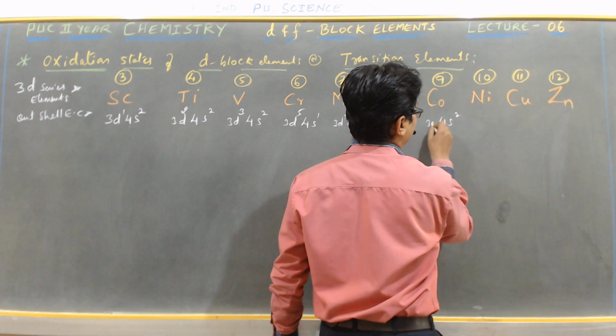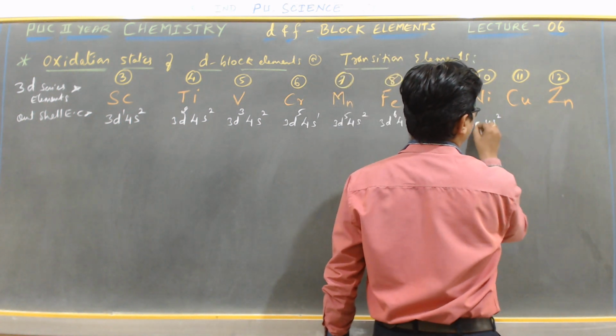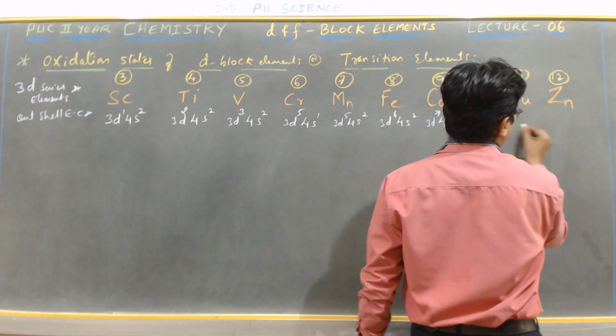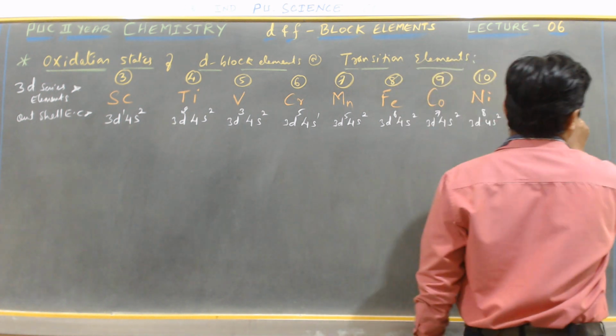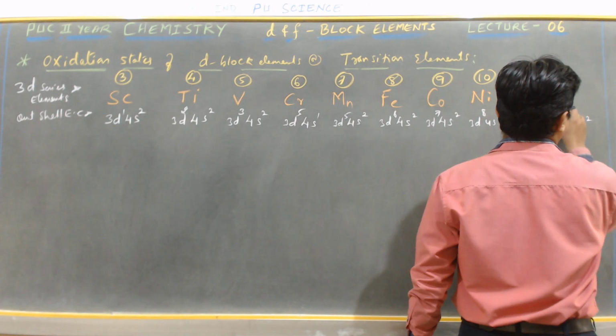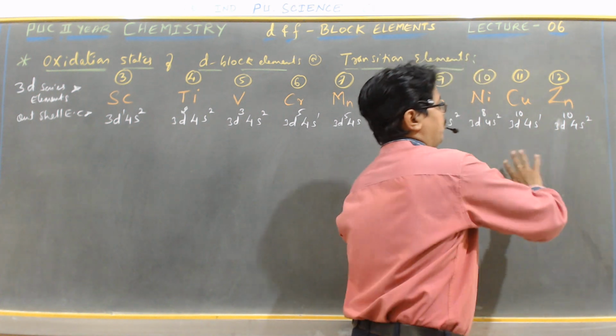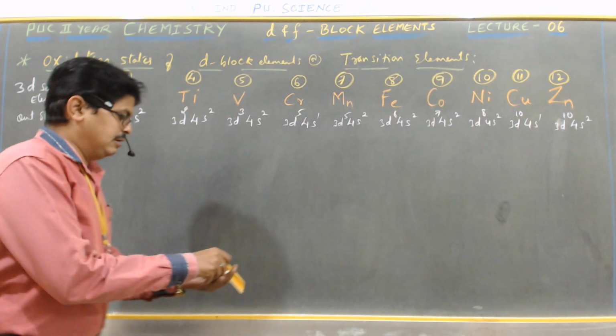Cobalt 4s2, 3d7. Nickel 4s2, 3d8. Copper 4s1, 3d10. Zinc 4s2, 3d10. Instead of writing 4s2, 3d10, I am writing 3d10, 4s2. Okay, look now.